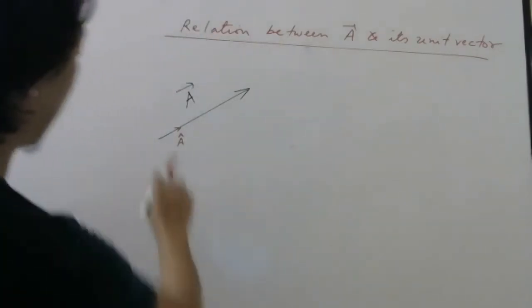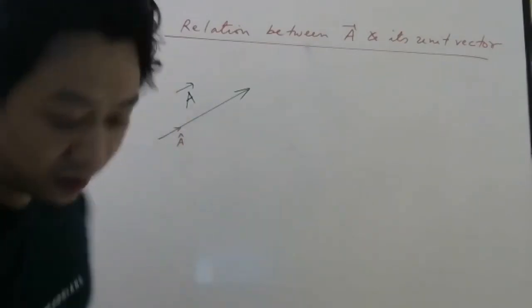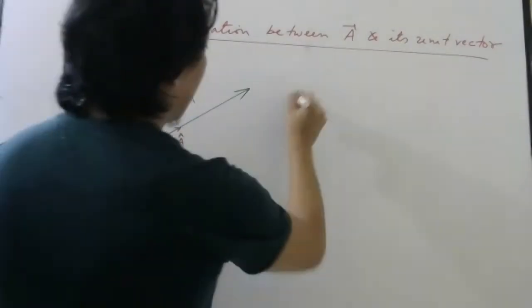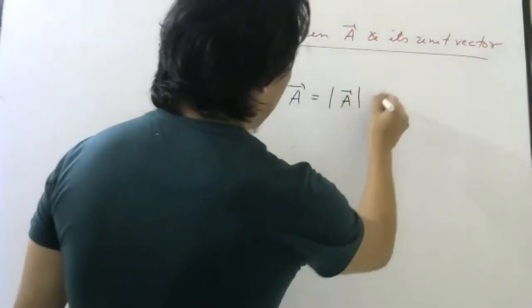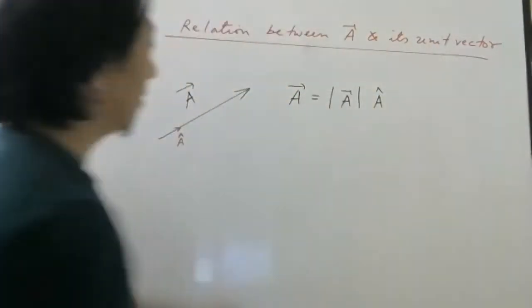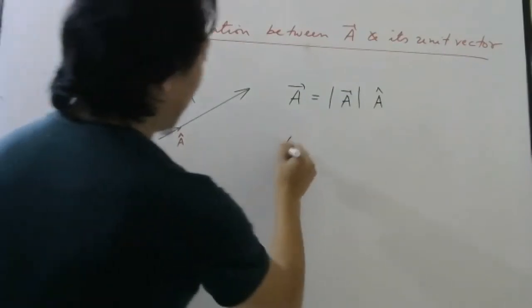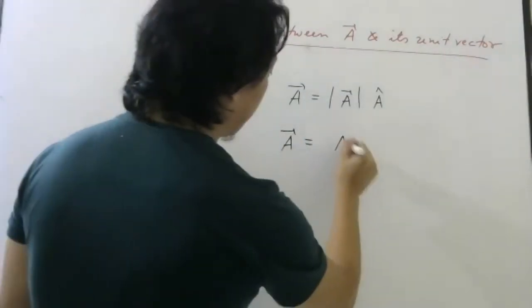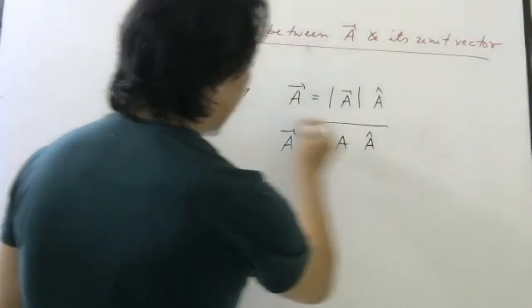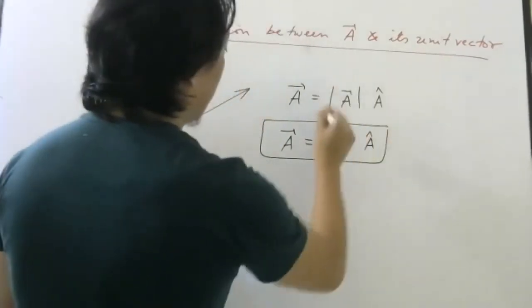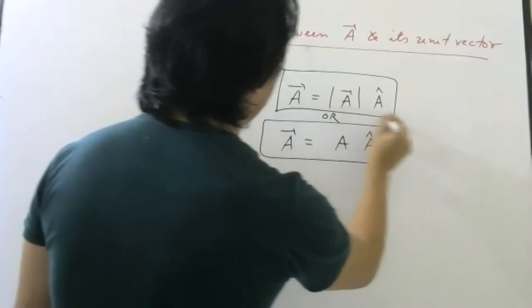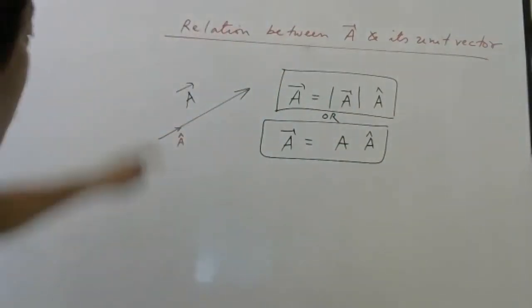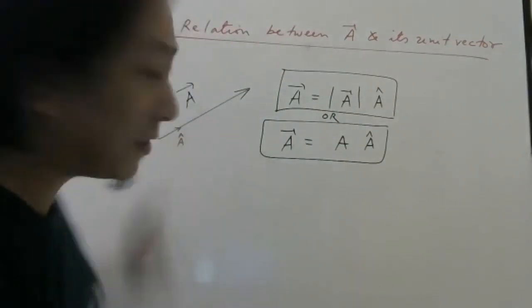Then the relation between these two is A bar is mod of A bar times A cap. Mod of A bar means magnitude. So you can write this way, or you can write this way also. So this is the relation between a vector and its unit vector.